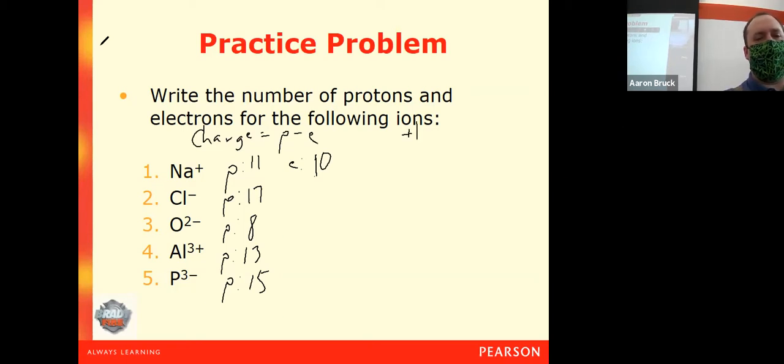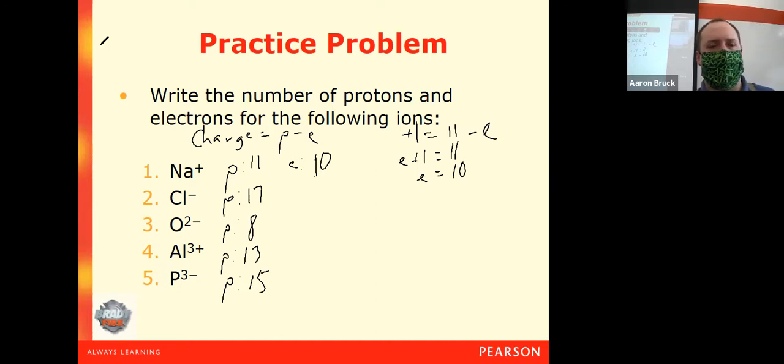So if I have a plus 1 and 11 protons, algebra says I should be able to get 10 out of that.